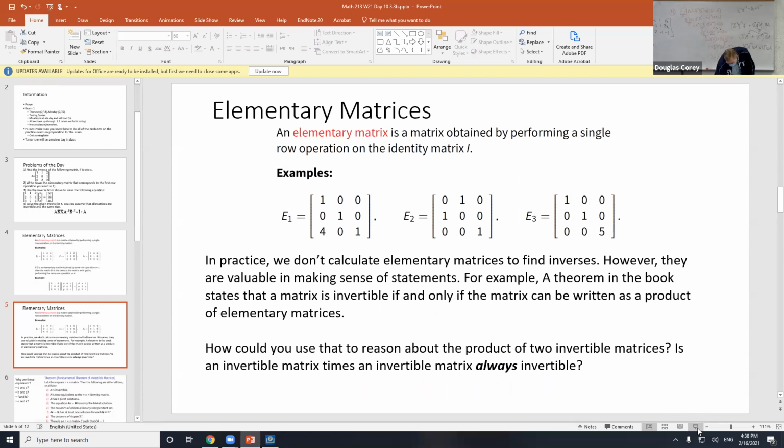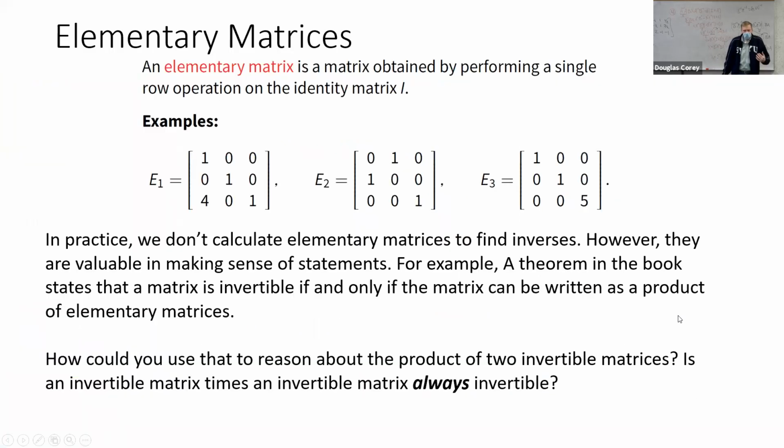In practice, we don't calculate elementary matrices to find inverses, but it's a really nice thinking tool. Mathematicians would say it's a nice theoretical tool. They're valuable in making sense of statements. So here's a nice important theorem that uses elementary matrices. A theorem in the book states that a matrix is invertible if and only if the matrix can be written as a product of elementary matrices.